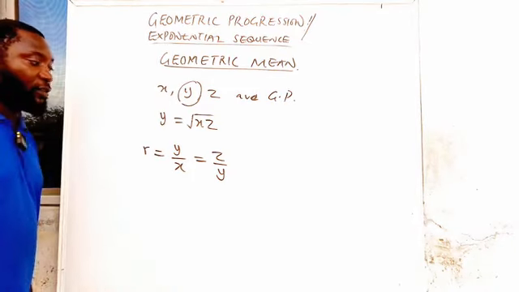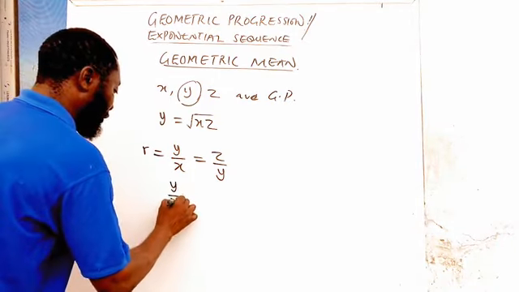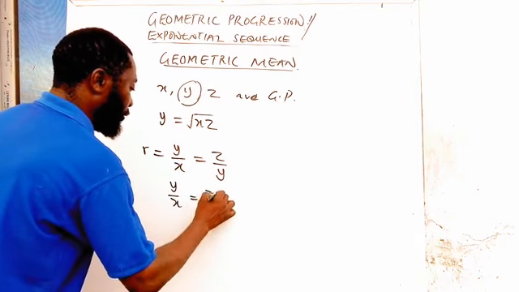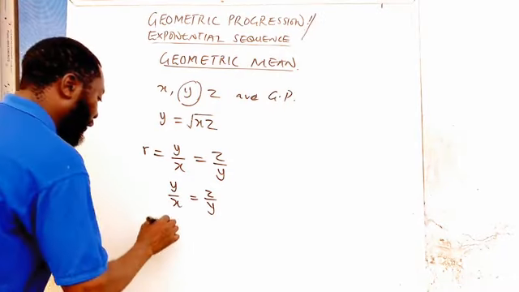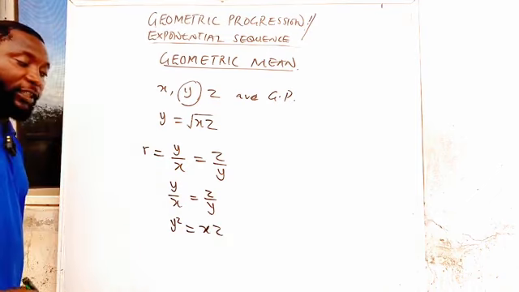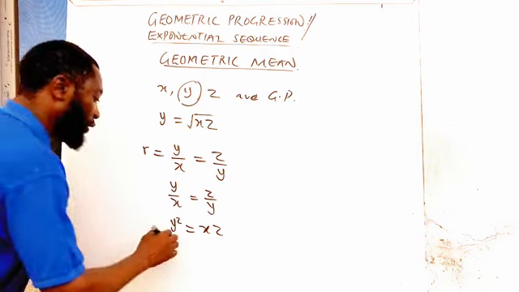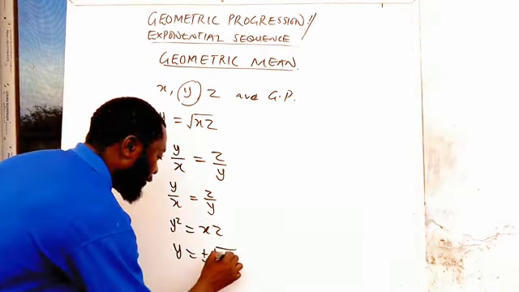If we go by this, let's consider it. It means y over x equals z over y. Cross multiply, we have y squared equals xz. Now take the square root, but don't forget y will be the positive square root and the negative square root of xz.